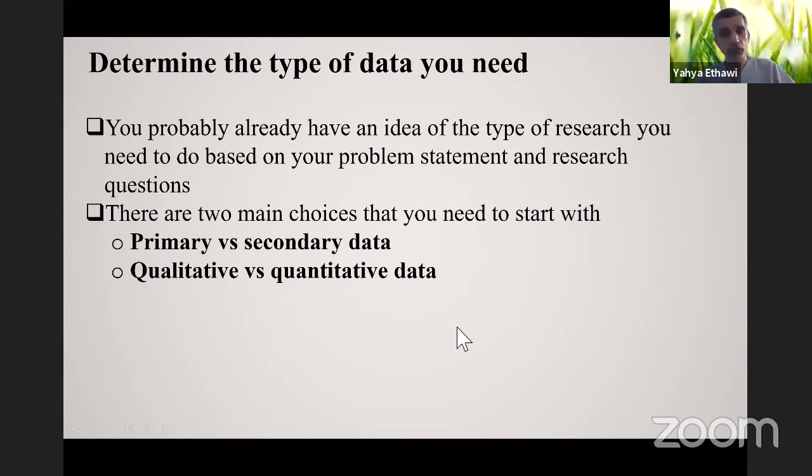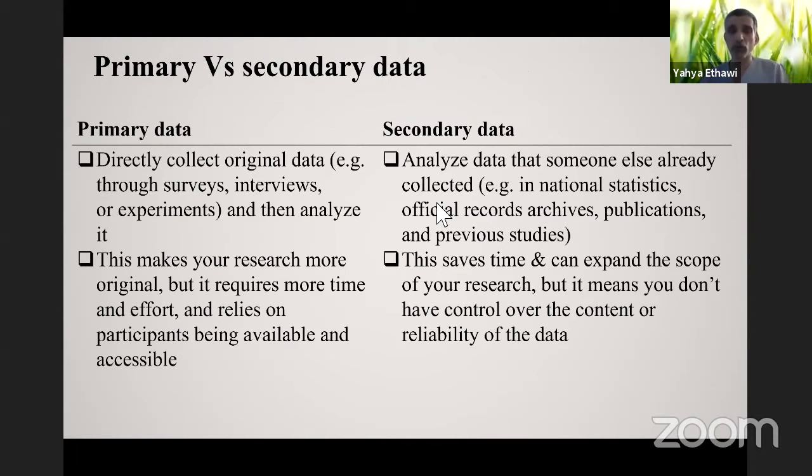Now, it's very important to determine the data, and I'm going to speak about the data type, whether it's primary or secondary, qualitative or quantitative. We already mentioned that, but we'll talk about it in a little bit more detail. Primary, you collect the original data. Secondary, you analyze already existing data.